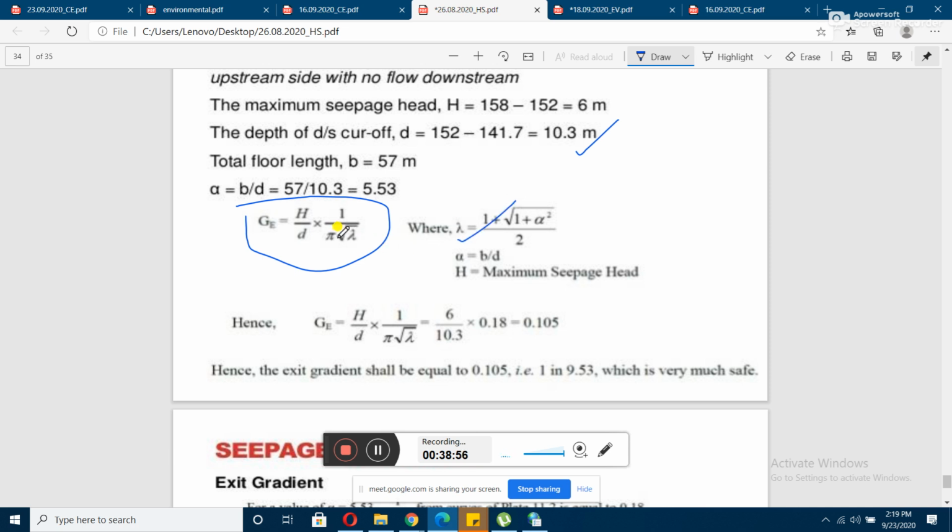So pi is known to us, that is 3.14. So easily, H is 6, known to us, D has been found out, lambda has been calculated, and accordingly we can get the value of exit gradient. So the exit gradient, if you do the ratio, turns out to be 1 in 9.53.